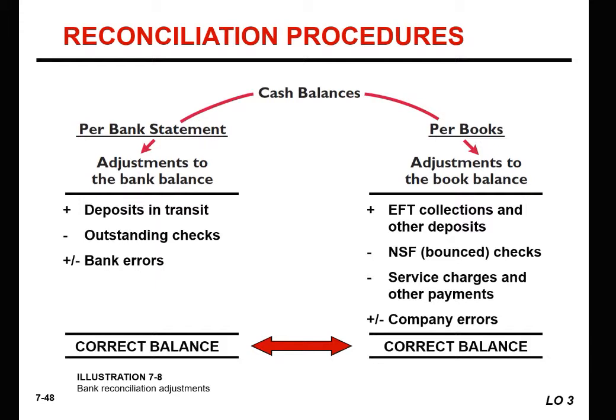The reconciliation schedule is divided into two sections, as you can see here: balance per the bank and balance per the books. We engage in the following steps, and they should reveal all the reconciling items causing the difference between the two balances. We compare the individual deposits on the bank statement with the deposits in transit from the preceding bank reconciliation, with deposits per the company records, or copies of duplicate deposit slips.